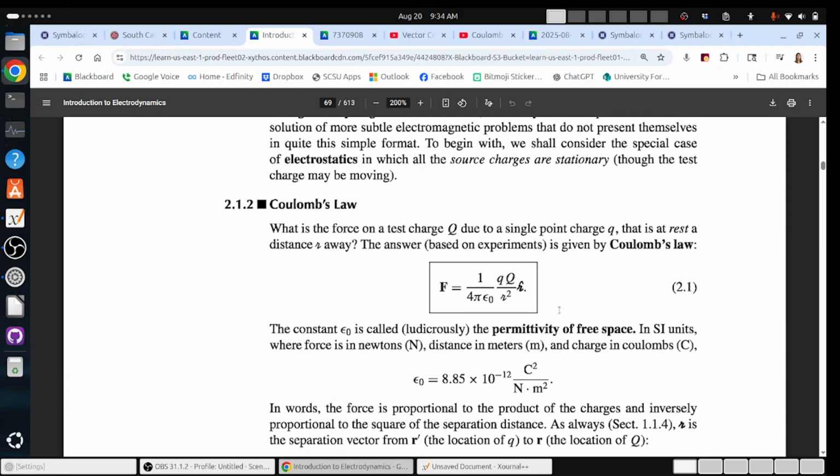Okay, so this is where it comes from, and it's a little bit different than the way I presented it in 255. So let's talk about those differences. First of all, rather than using Coulomb's constant, it uses our epsilon naught, the permittivity of free space.